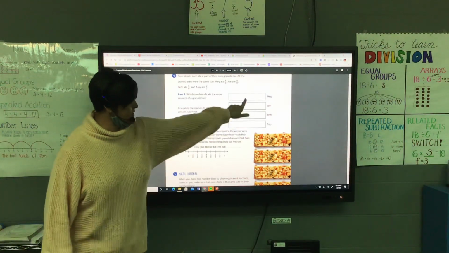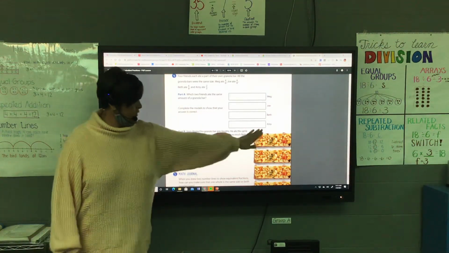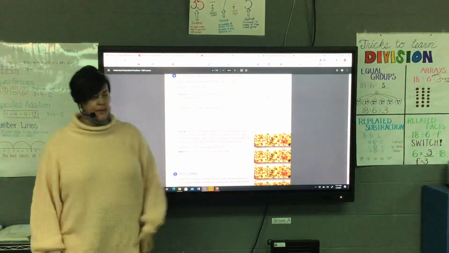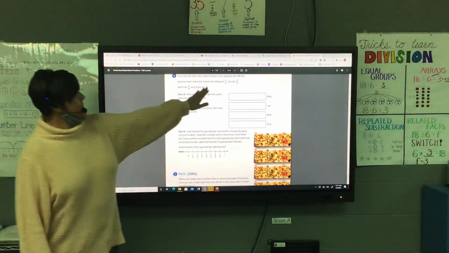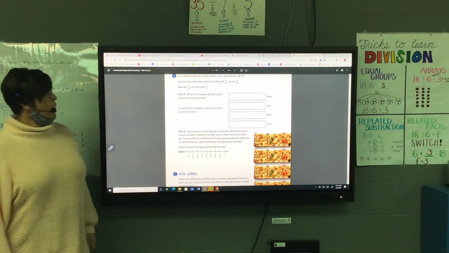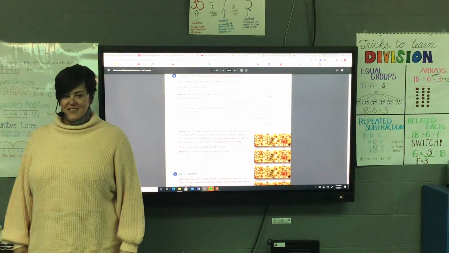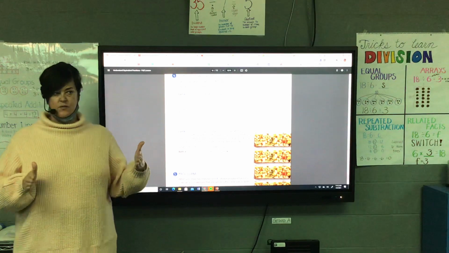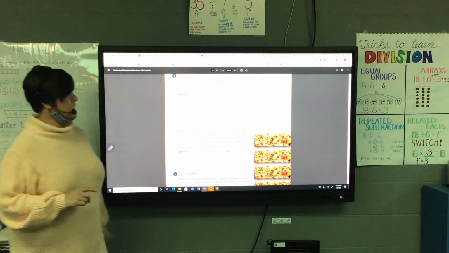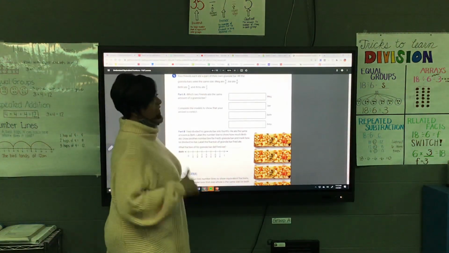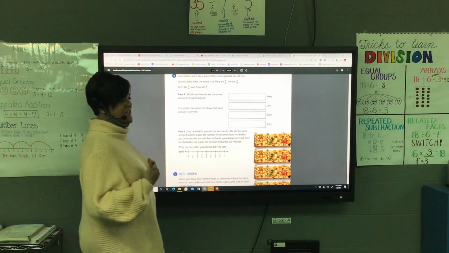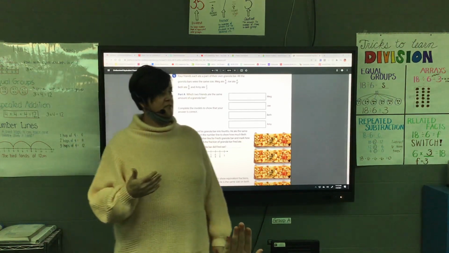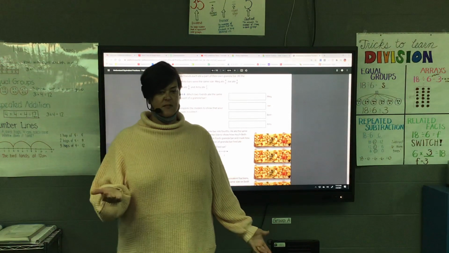See how they're all the same size, whether it's this one or like the actual granola bars there. Meg ate 4/6. So how many parts is her granola bar split into? 6. 6 parts. What's the halfway number of 6? What's half of it? 3.